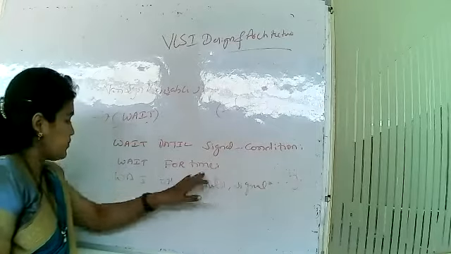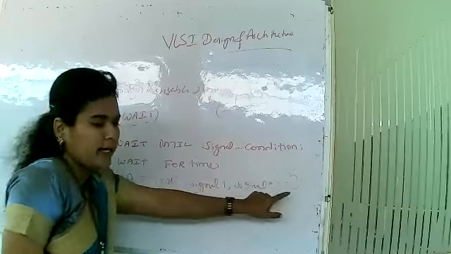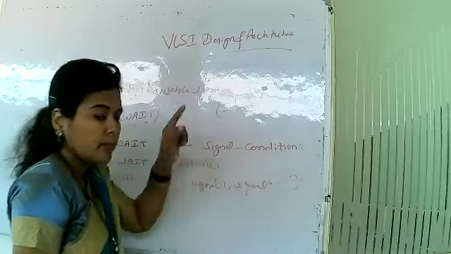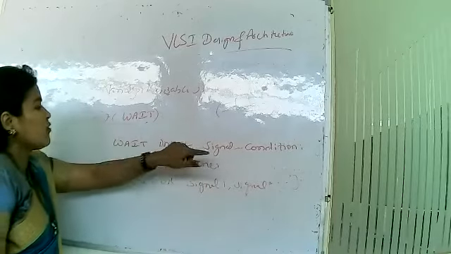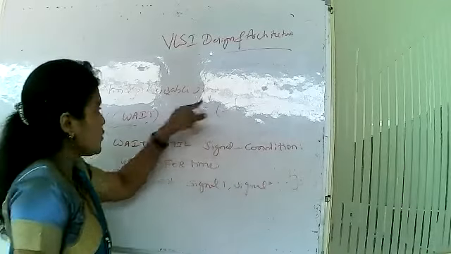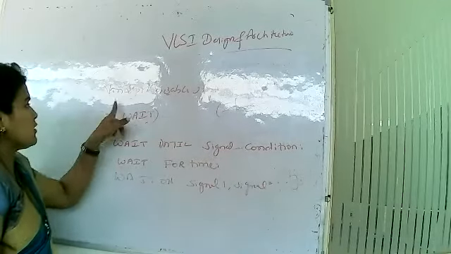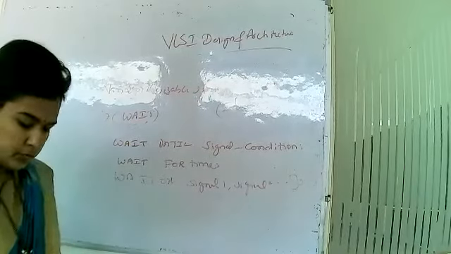Wait for the time. Wait on signal 1, 2, and the last signal you have to wait. It is completely a wait for the condition. So I told you it is the same as the if. So it is an example of a non-synthesizable statement in VHDL.